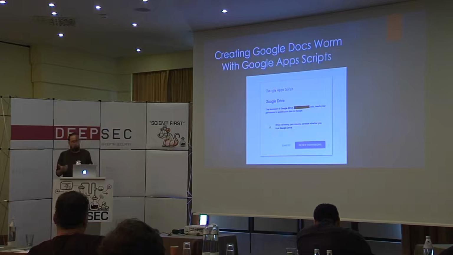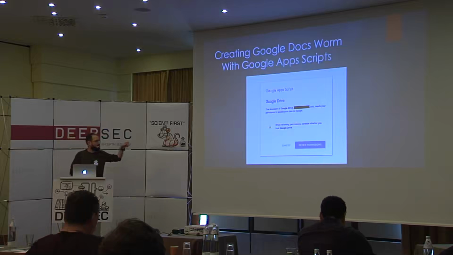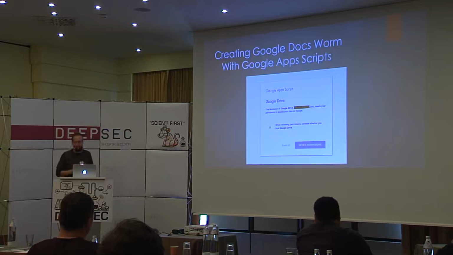So who wouldn't approve, right? The only suspicious thing here is the developer of Google Drive, which shows my email, but I can just purchase a similar domain that will look authentic here. So yeah, that's an example.